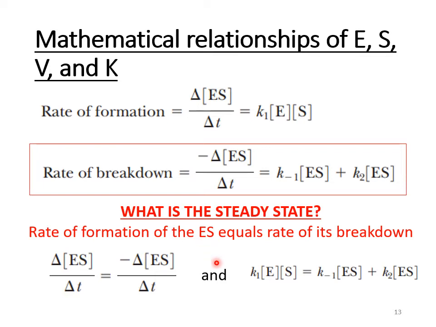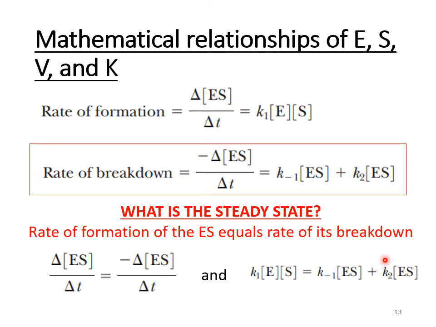It can also be shown by the other side of the equations that we have up here, which is shown over here. This side represents the rate of formation is equal to this side representing the rate of breakdown.